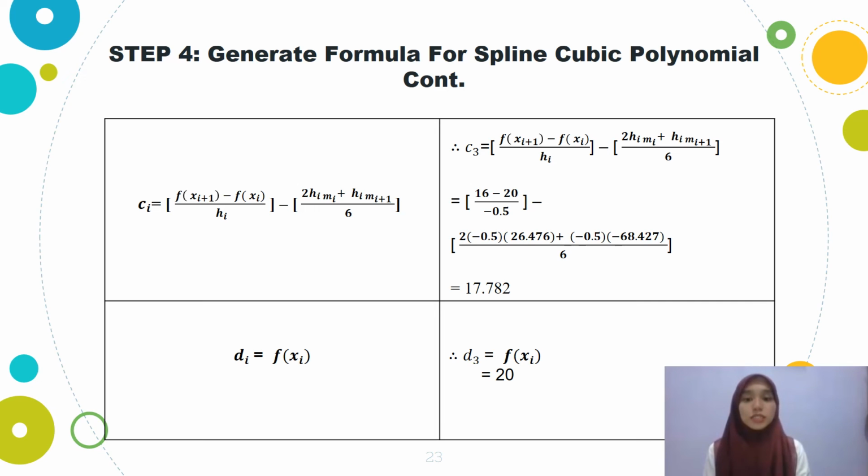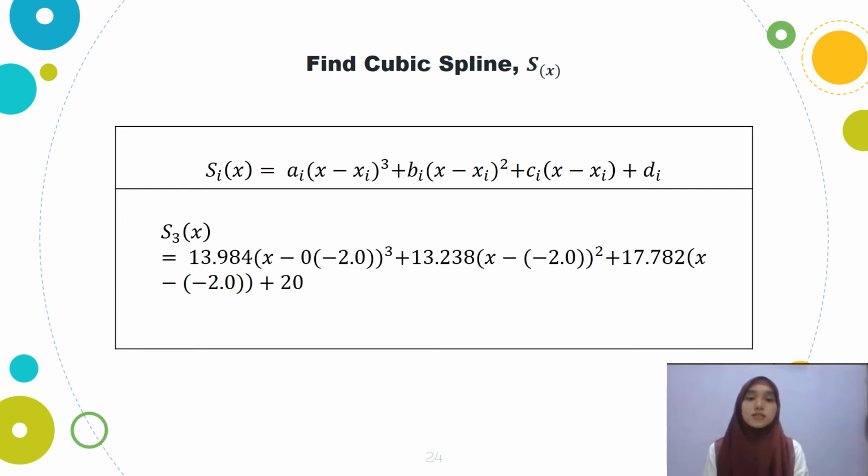The last one is the calculation of D3, which is equal to 20. Next, we're going to find the cubic spline equation, Sx. For this calculation, we use the formula stated on the slide, and we use i equal to 3 again to get the cubic spline S3x.